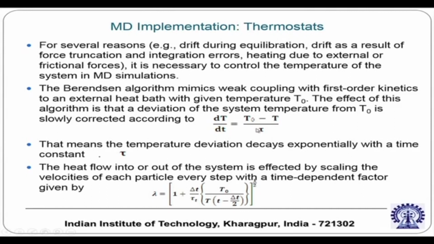So you employ dT/dt = (T0 − T)/τ, where t is the time and τ is the time constant. This means that the temperature deviation decays exponentially. If you integrate this, the temperature versus time will be exponentially decaying, with a time constant τ.